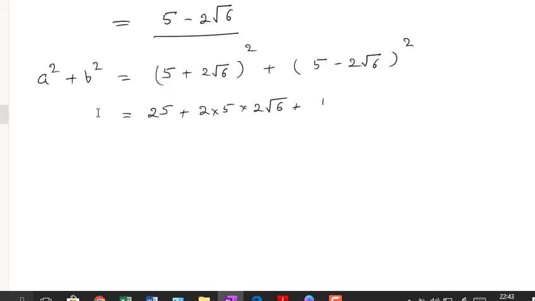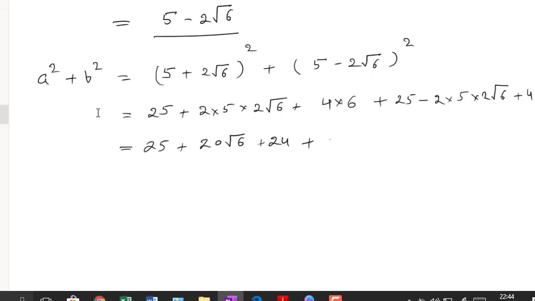So square of 2 is 4 and square of root 6 is 6, plus here I have 25 minus 2 into 5 into 2 root 6 plus 4 into 6. So here we get 25 plus 20 root 6 plus 24, plus 25 minus 20 root 6 plus 24.